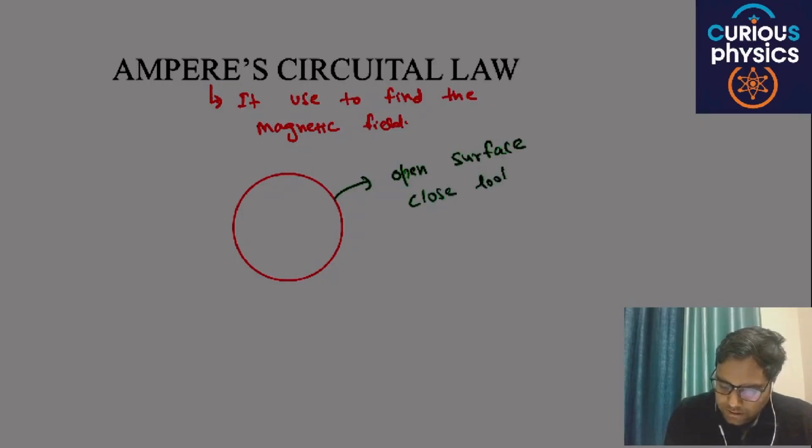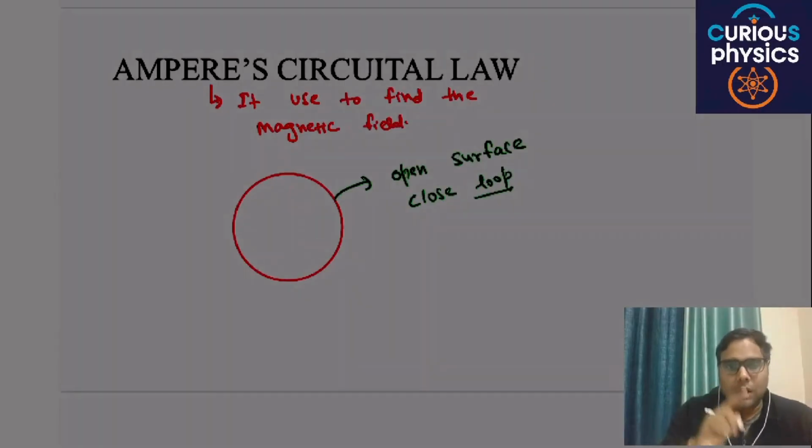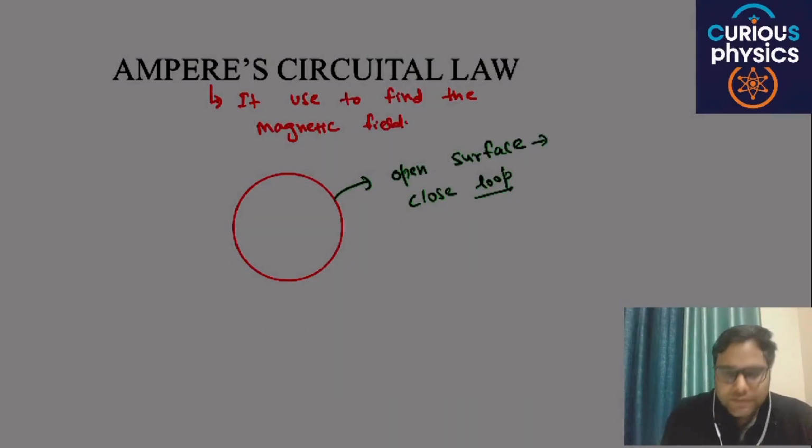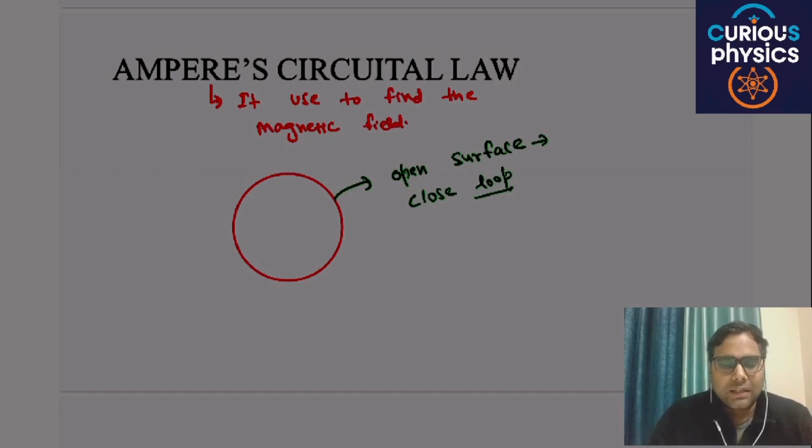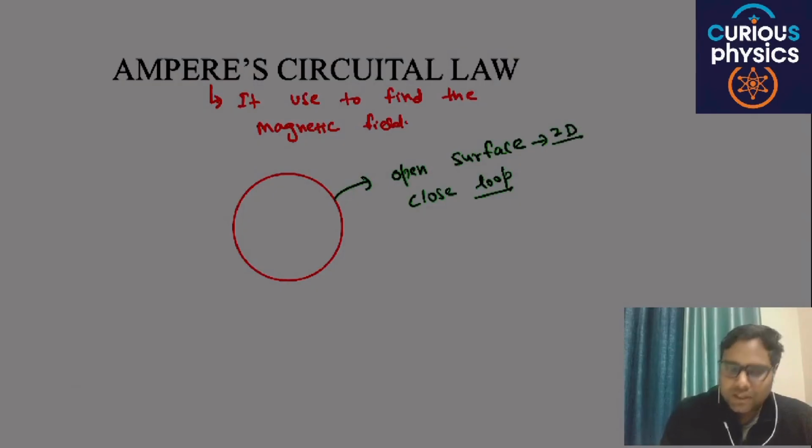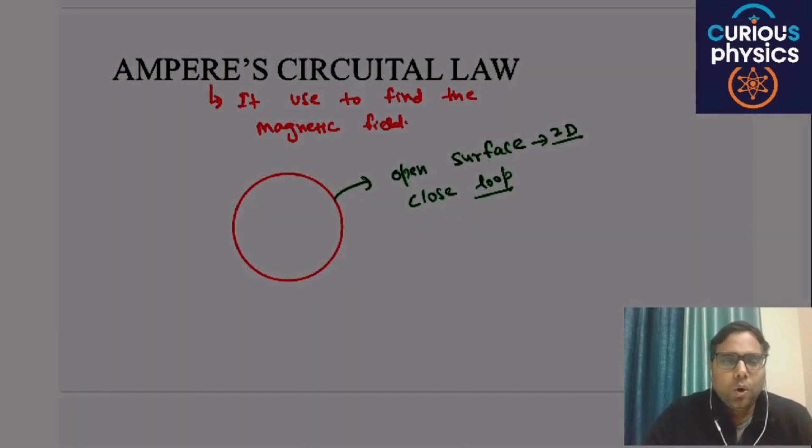Closed loop means a complete surface, but this is an open surface. Open surfaces are, for example, a triangle or a circle. All 2D, or two-dimensional, surfaces are open surfaces.